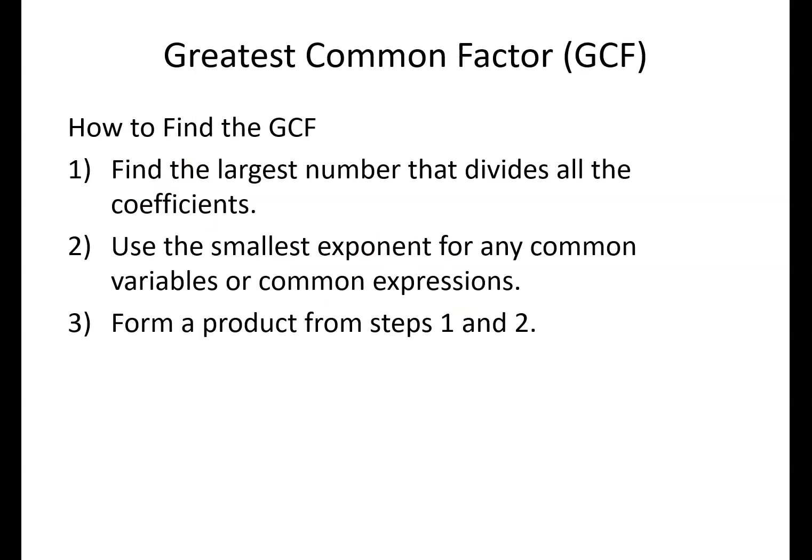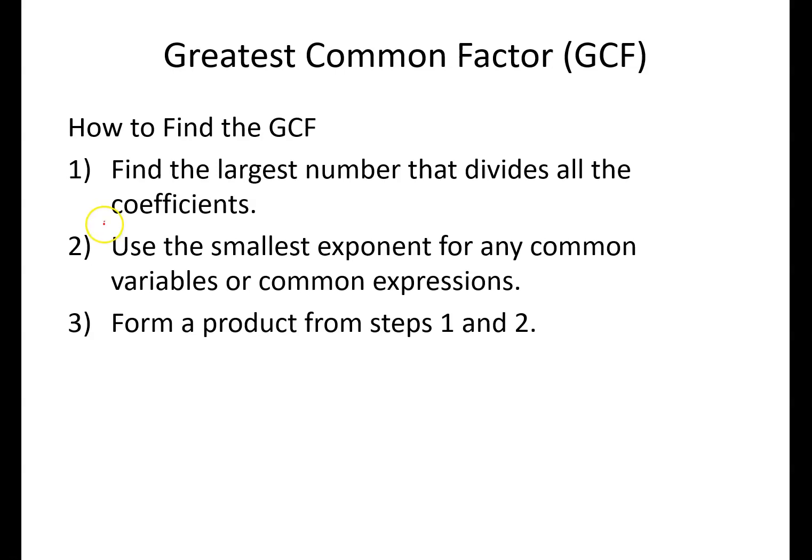So I've split this review into different types of factoring, and in this video we're going to cover the greatest common factor and factoring by grouping. So we'll start with greatest common factor. The first step is to find the largest number that divides all the coefficients.